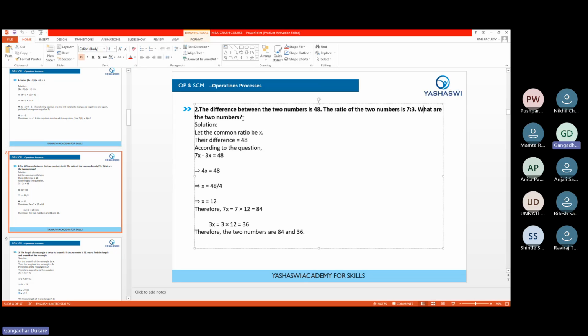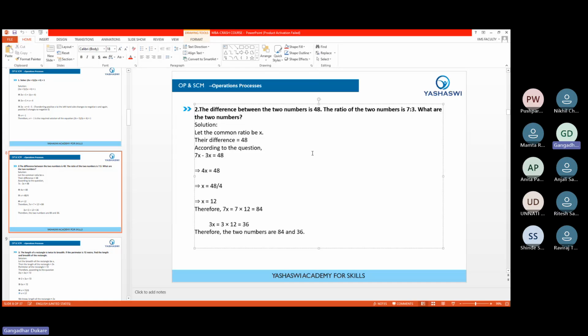What are the two numbers that we need to calculate? Let the common ratio be considered as x. The difference is already given, that is 48. According to this, we need to prepare the equation. The difference between the two numbers is 48. The ratio is given, that is 7 by 3.